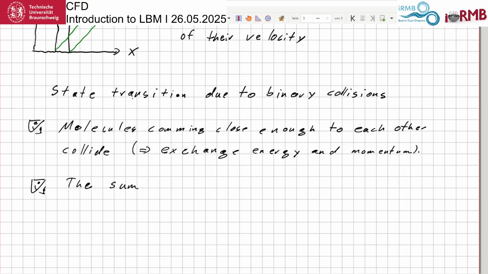So the sum of energy and momentum is conserved in the collision.